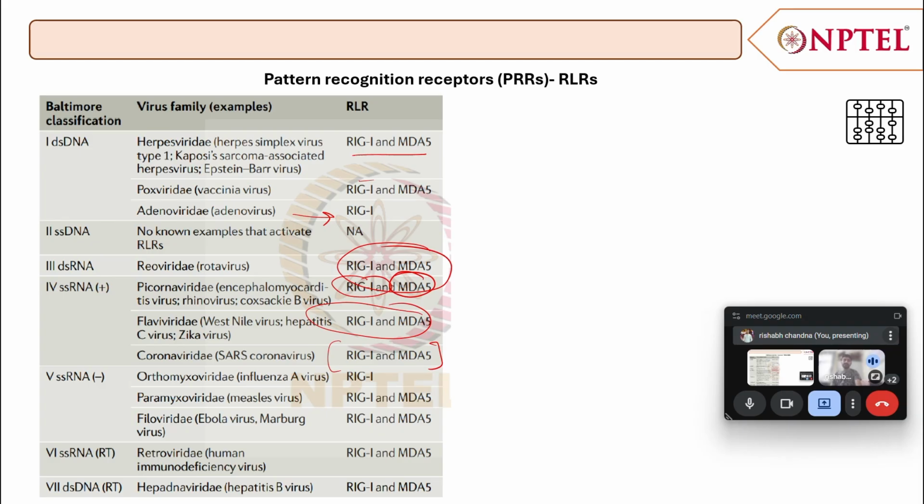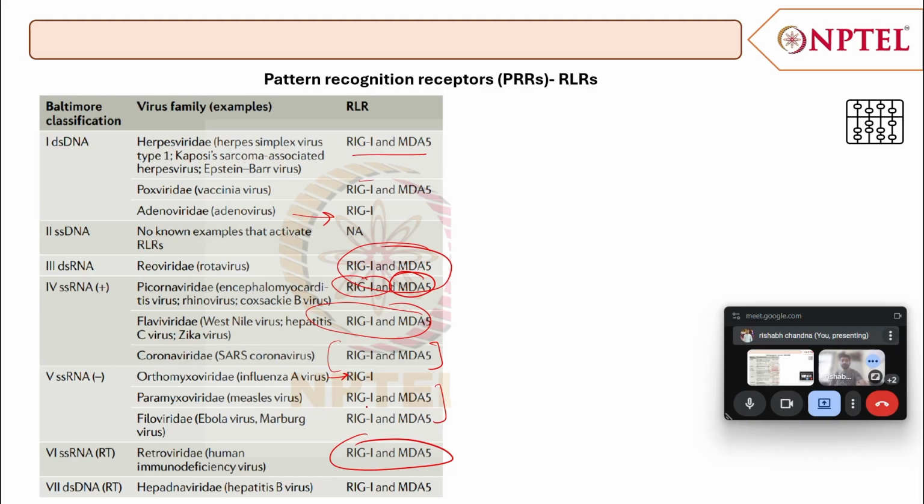Then the negative sense genome, influenza A virus, typically activates RIG1. Measles, Ebola, both of them activate both MDA5 as well as RIG1. Okay, the single-stranded RNA virus that requires its expression by the reverse transcriptase, for example HIV, it can also activate both once recognized.